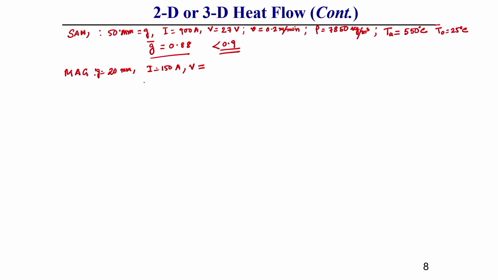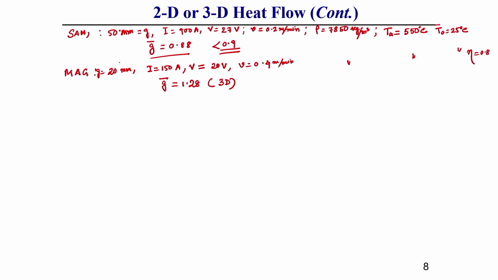That means, for MAG welding process G equal to 20 millimeter, I equal to 150 ampere and V equal to 20 volt, where the welding speed is 0.4 meter per minute, and keeping all other parameters, with an efficiency of 0.8, here we got the G bar value which is equal to 1.28. You can calculate this thing also. So, which shows us a 3 dimensional types of heat flow.